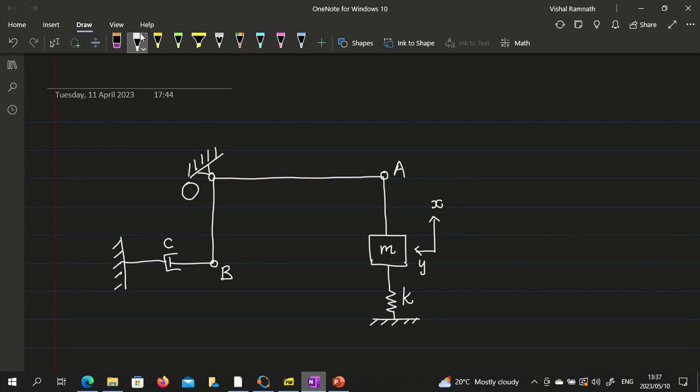If it moves up a distance x, it would then rotate a small angle theta in that direction and in that direction as well, where the length is a and the length of b is, well, OB is that, and the angle is 90 degrees.